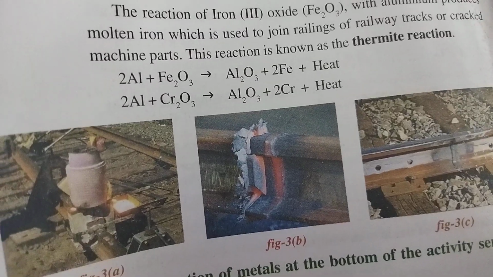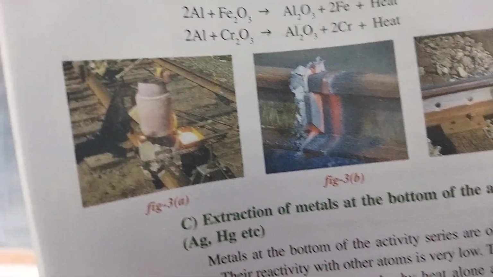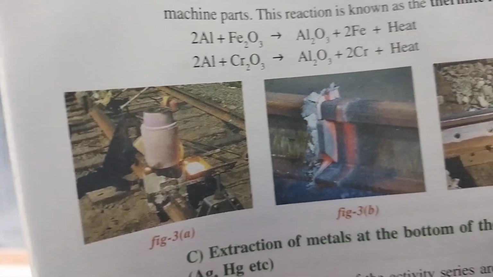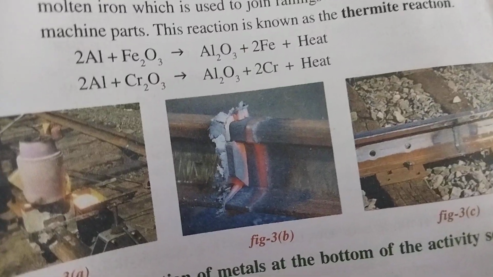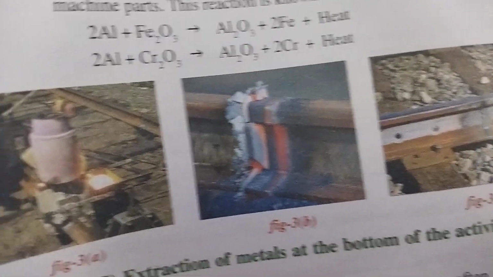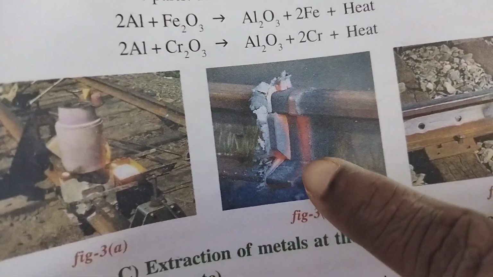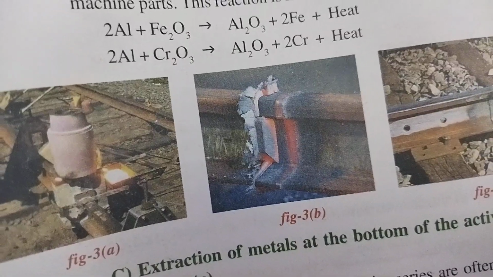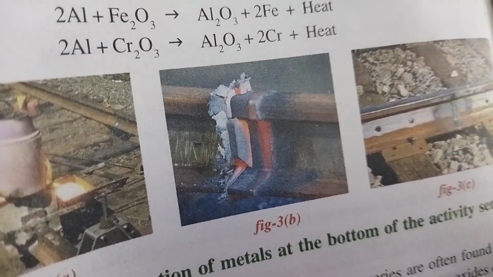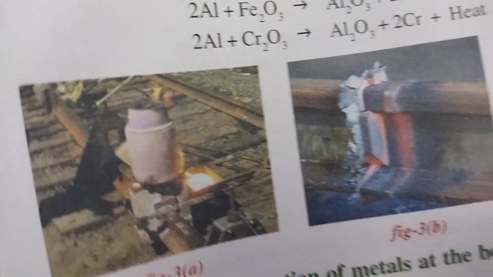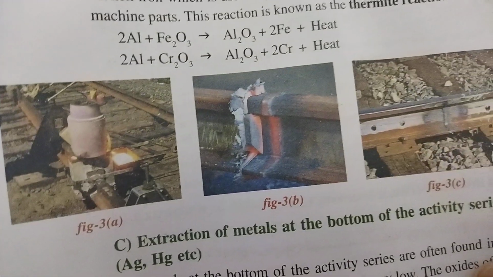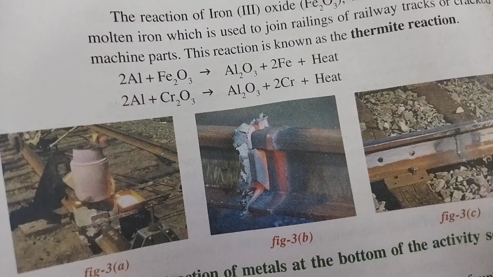In step 1, aluminum welding takes place. This part is filled with liquid iron, and after that the proper welding takes place here. Completely, this process is called a thermite reaction.